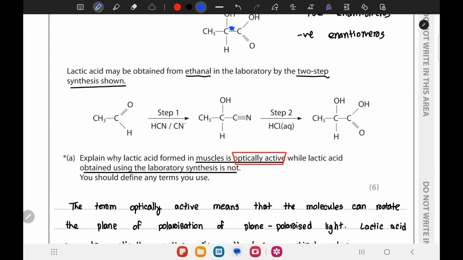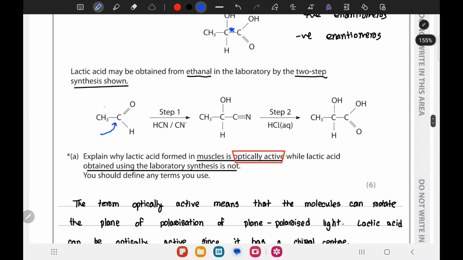So if you want to imagine this, you can imagine sticking a pencil into your screen. The CN minus can attack like that from the top, or you can think about sticking your pencil in from behind your screen. So it can attack with equal probability from inside and outside, or from the top or bottom if you're considering it like this.